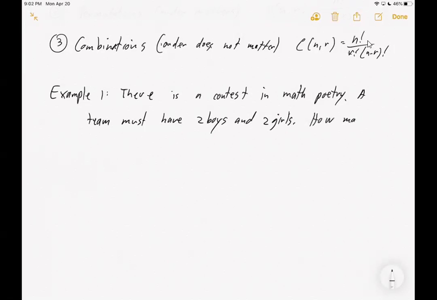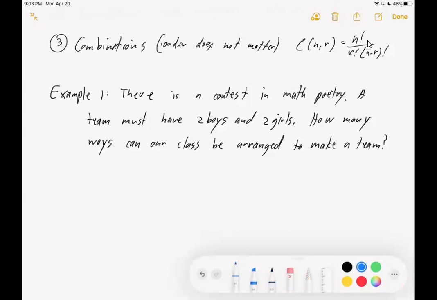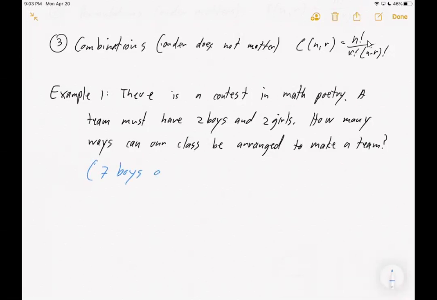How many ways can our class be arranged to make these teams, or to make a team, I should say? Okay, so important information. We have 7 boys and 4 girls in the class.